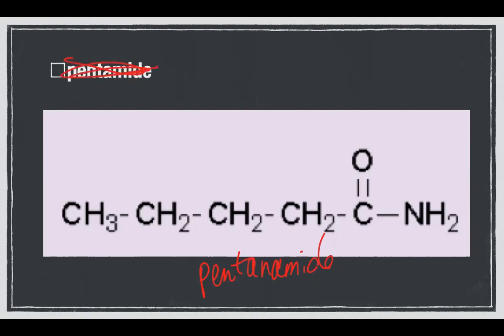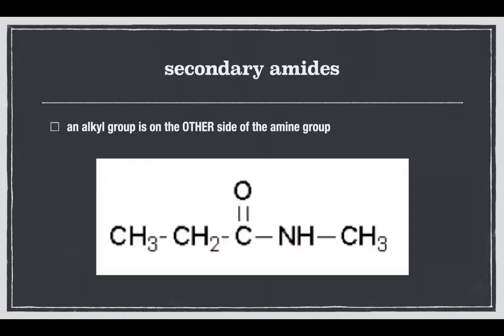That's not correct. It should be pentanamide. Although maybe you see pentamide, I don't know, but I think it should be pentanamide. Now, a secondary amide is when you start replacing the hydrogens on the other side of the amine group. And so you're going to have 1, 2, 3 is prop.